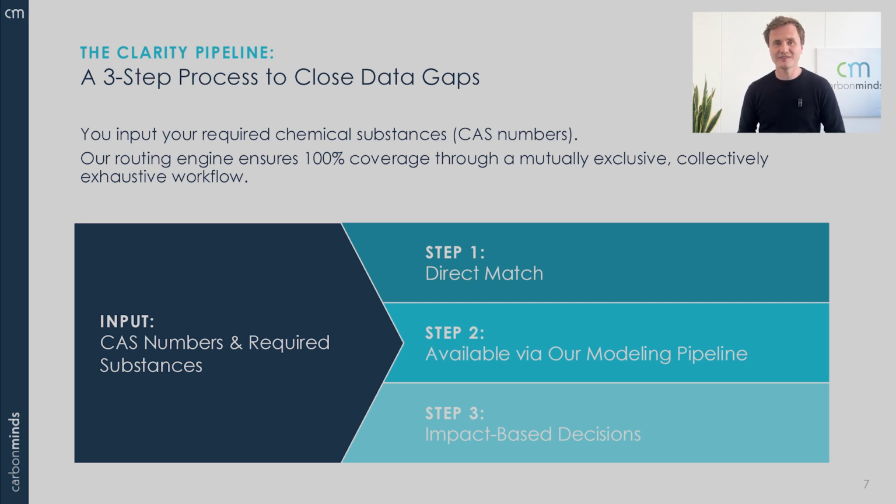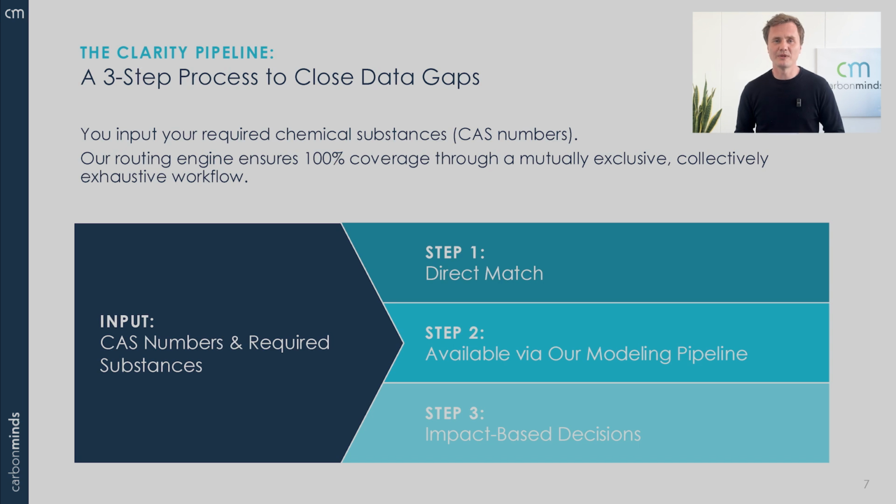And in this step, we often get quite a number of direct matches. So basically substances that are already available in our database, where you just need to choose the right region, and if you have this information, the right technology, or even the right suppliers for those chemicals where this information is available. But as I said, there will always be data gaps remaining that we need to close.